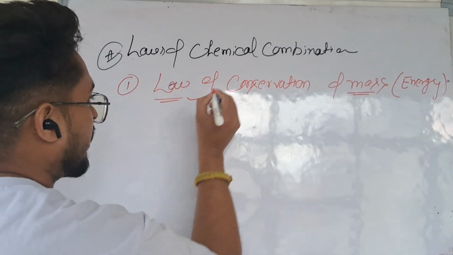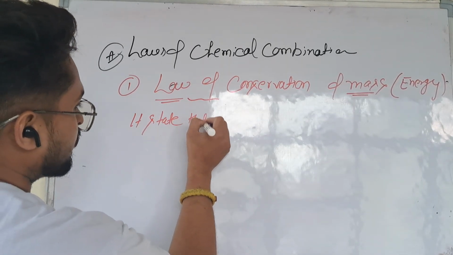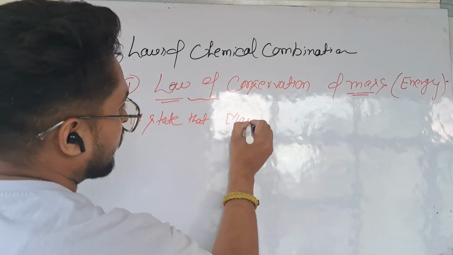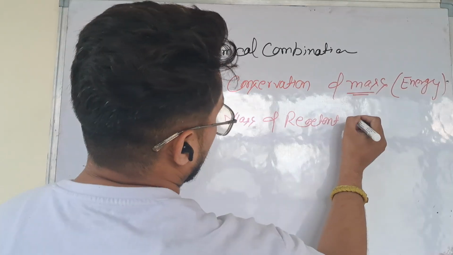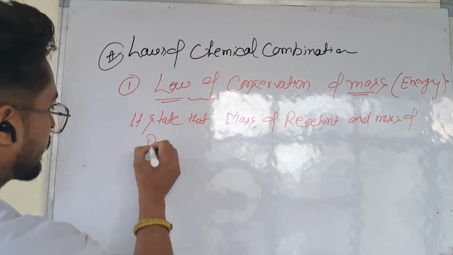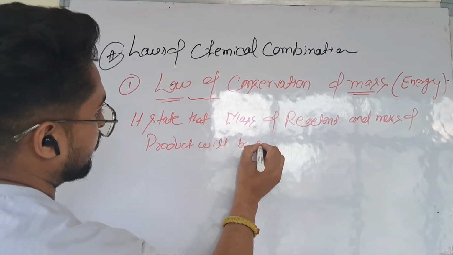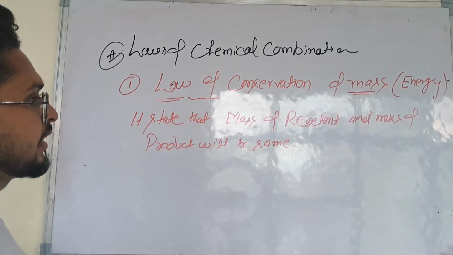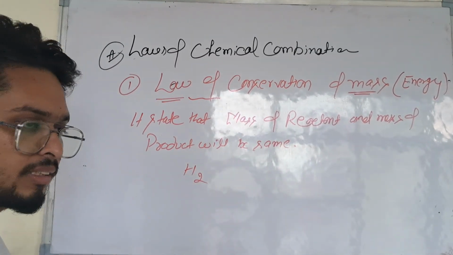So what does it state? It states that the mass of the reactant and mass of the product will be the same. Let us take an example. For example, here is your hydrogen gas.